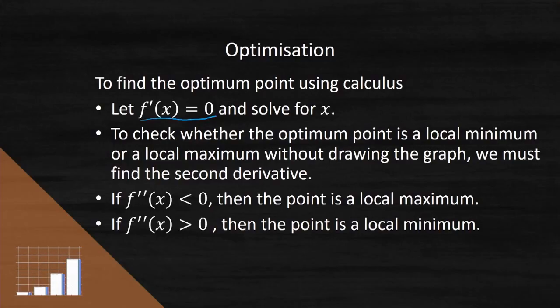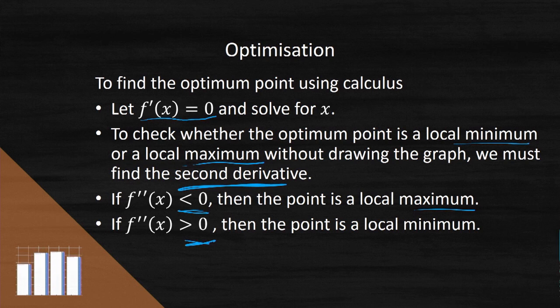Then we need to check whether that point we found is a local minimum or a local maximum, but without drawing the graph. So how do we do that? We find the second derivative. Second derivative basically means you take the derivative of the derivative. So f double prime x, if it is less than 0, in other words negative, then that point is a local maximum. If it is greater than 0, then the point that you found is a local minimum.